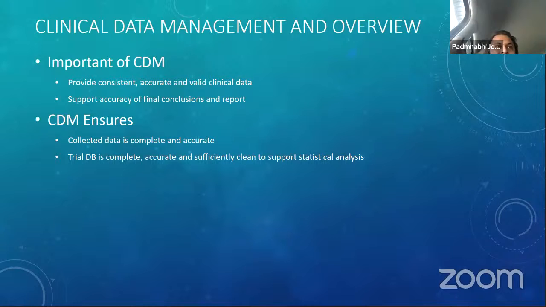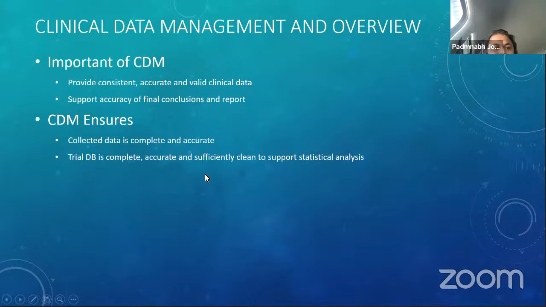Based on these objectives defined for each of the drugs, whether it is an oncology trial, a cardiovascular trial, or a diabetic trial, these objectives are defined upfront. Based on the data that gets collected, we have to make sure that the objectives we defined at the beginning of the trial are met when we send the final conclusions and reports to regulatory authorities. So CDM, or data management, basically helps to ensure that the overall objectives of the trials are met when we carry out the trial.